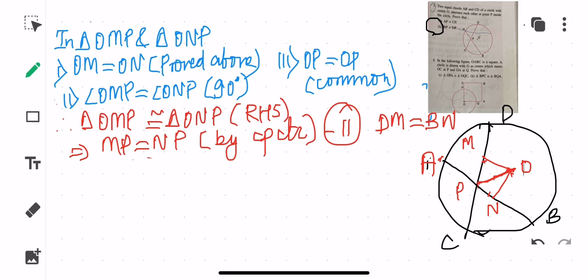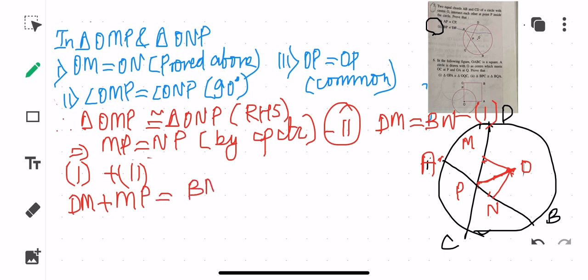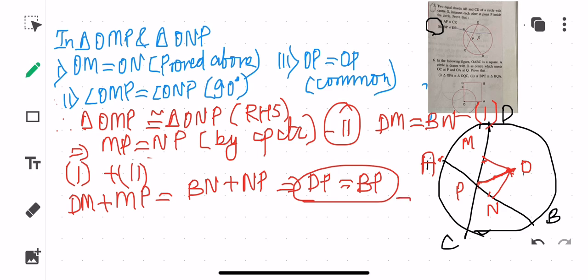So what you can do, you can just take this as 1. So 1 plus 2 is going to give me DM plus MP is equal to BN plus NP. So if you look into the figure, DM plus MP is equal to DP. So write down DP is equal to BN plus NP is equal to BP. So this is the second sub question we have proved.